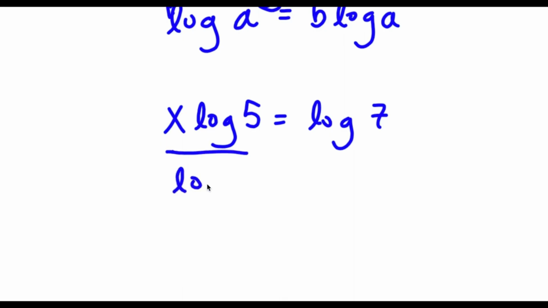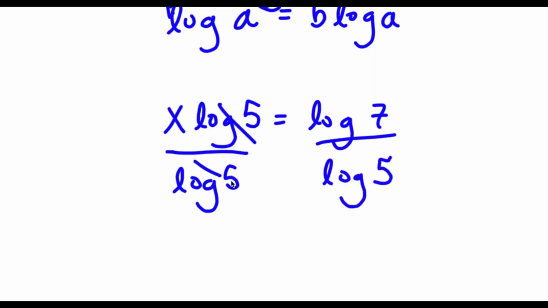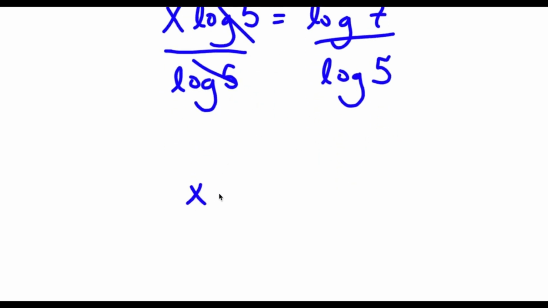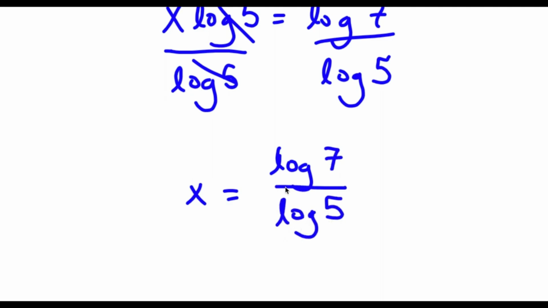Now if I divide both sides by log 5, these two cancel out, and now I'm left with x is equal to log 7 over log 5.